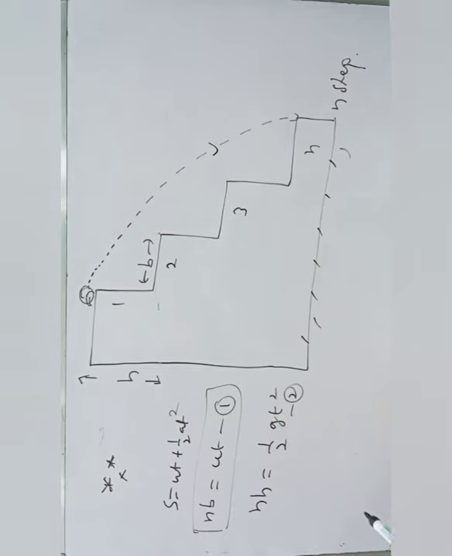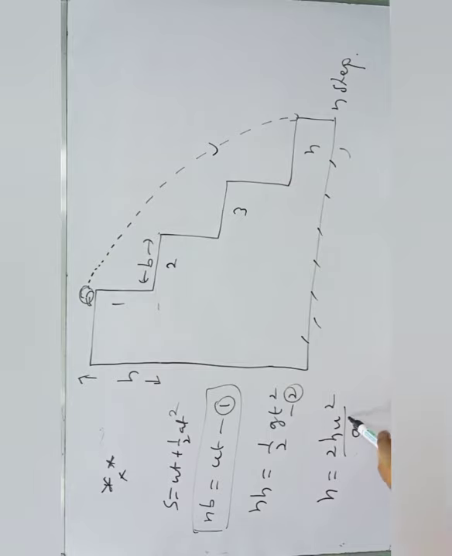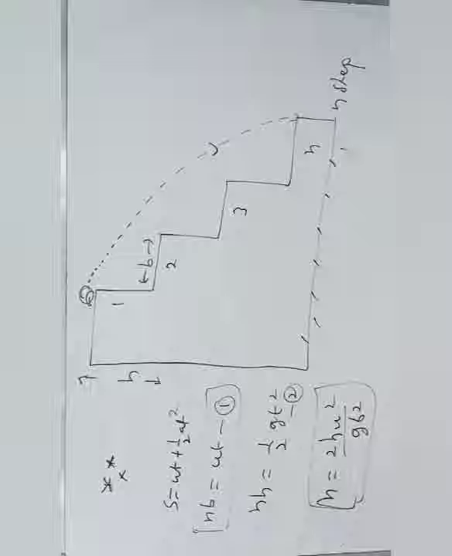From 1 and 2, the number of steps crossed by the ball is n is equal to 2hu square by gb square. That is one important concept.